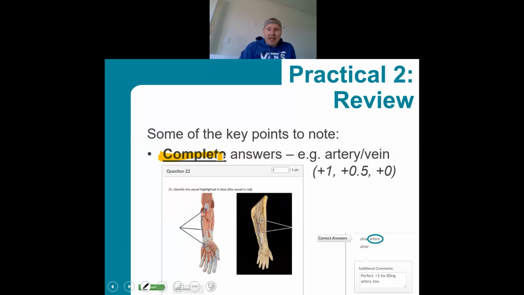So for example, looking at this artery that we see here, I would easily say, yeah, it's the ulnar. But remember, if you can, to add that it's an ulnar artery when you're giving the exam answer. So typically on a practical, I try to reward that. You might get extra credit, but I won't give the extra credit every time you give a complete answer.